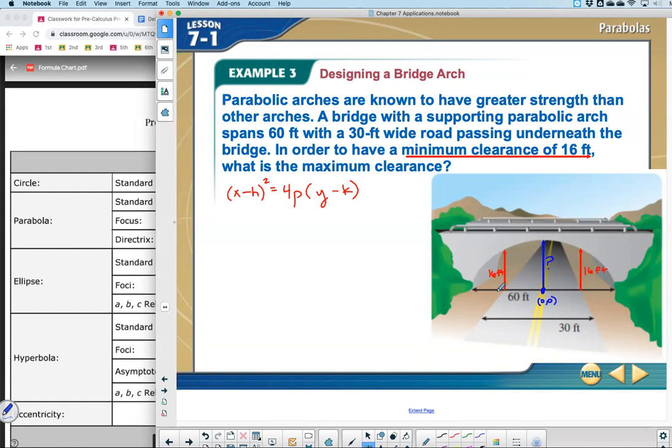You could label the sides of the roads, like say this is 15 feet over, but I'm going to only label the parabola. So specifically, let's start with this point over here. If this tunnel is 60 feet wide, how far is it from 0, the center of the road, to the far right? 30 feet. This point is going to be located 30, 0.